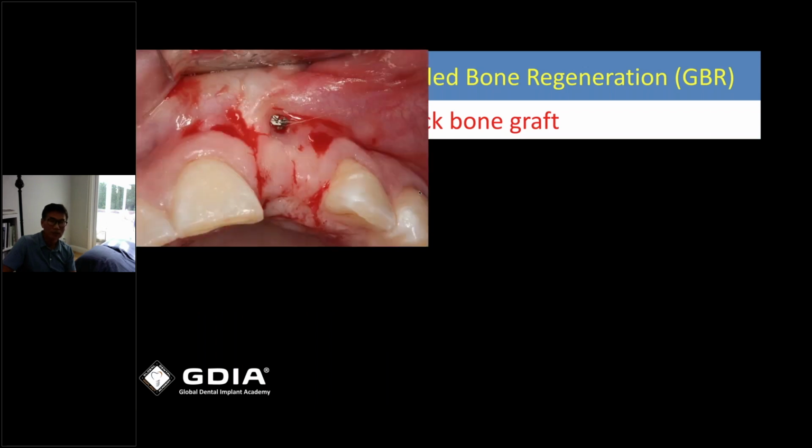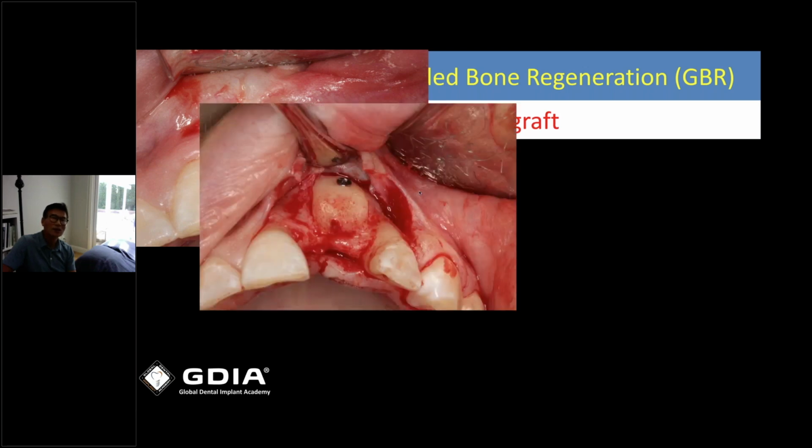This is another case. At post-op, about 3 months, suddenly something shows through the tissue. The patient has nice tissue, but sometimes, who knows, they're eating something or doing something. Once the fixation screw exposed through the soft tissue, I was kind of questioning. So I opened up and the bone looked fine.